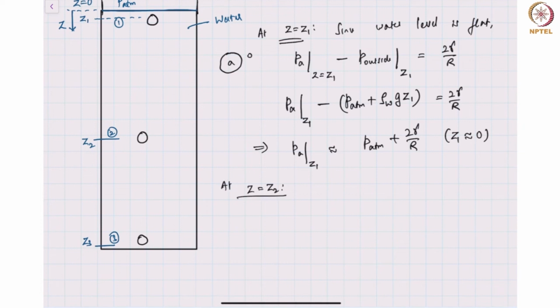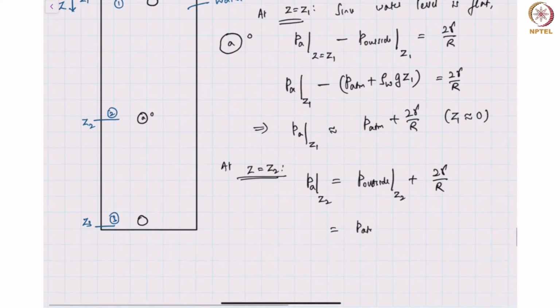At z equal to z2, the pressure inside the bubble will be equal to the pressure outside the bubble at z2 plus again 2 gamma by r. So there is air inside, and the pressure of the air outside would be P atmosphere plus rho water g z2, plus 2 gamma by r.